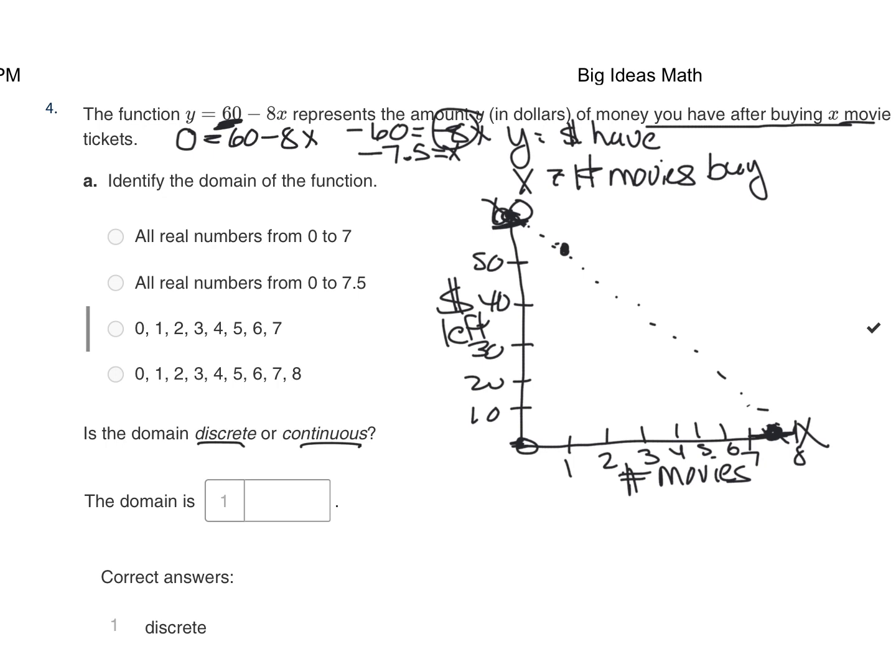It was 44. So about right here. And then $8 more would be 36. $8 more would be 28. $8 more would be 20. $8 more would be 12. $8 more would be 4.